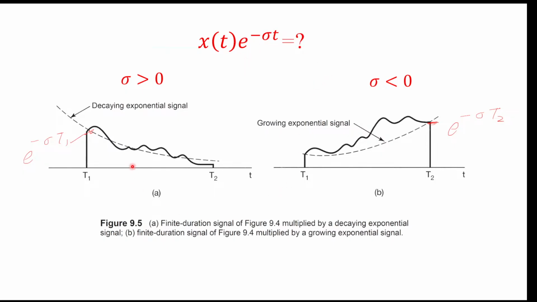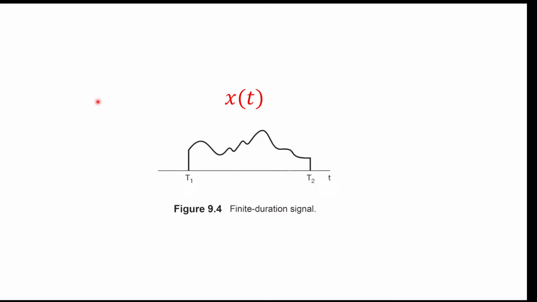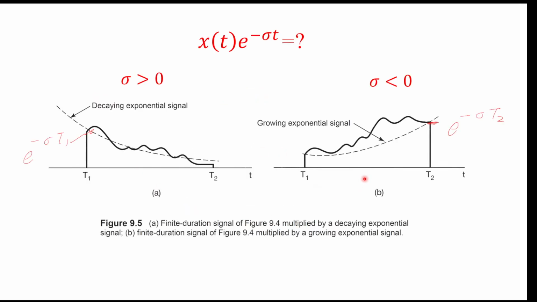Now we think about what x of t times e to the minus sigma t looks like. So x of t looks like this, and now we are multiplying it with e to the minus sigma t with real value sigma. Sigma can be positive or negative. If sigma is positive, then e to the minus sigma t is an exponentially decaying function, and if sigma is negative, we have an exponentially growing function.